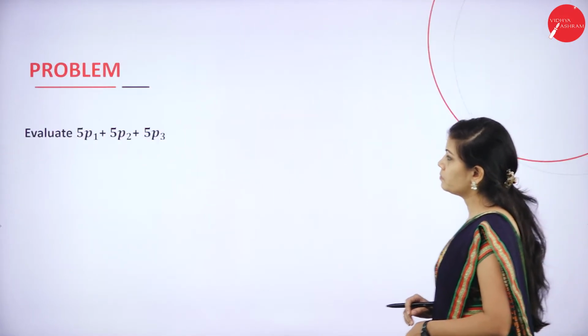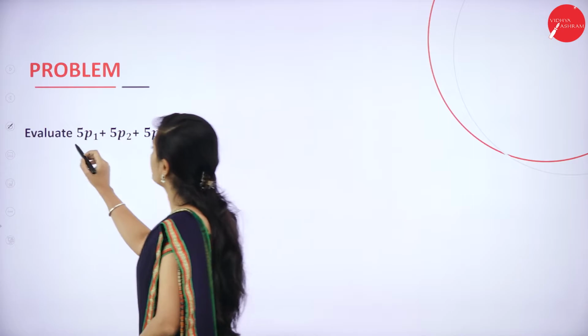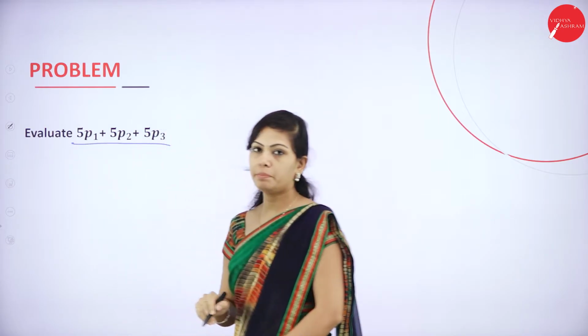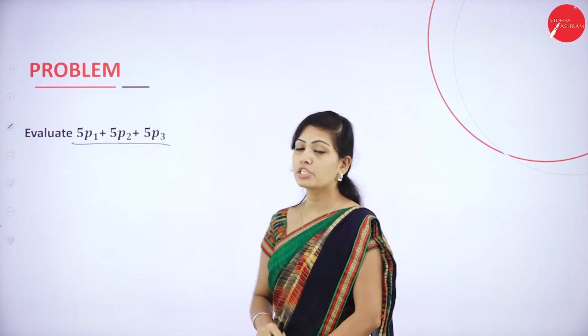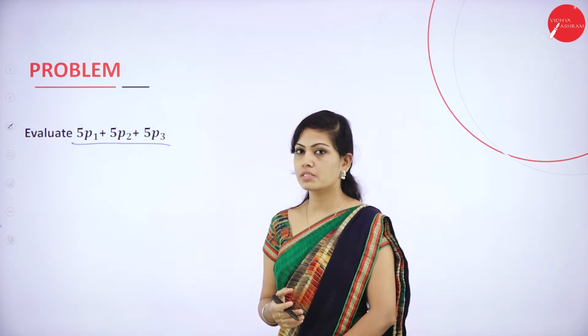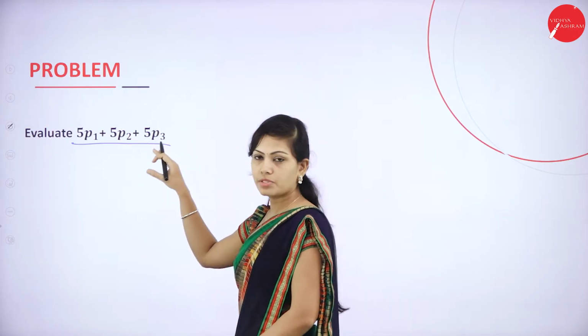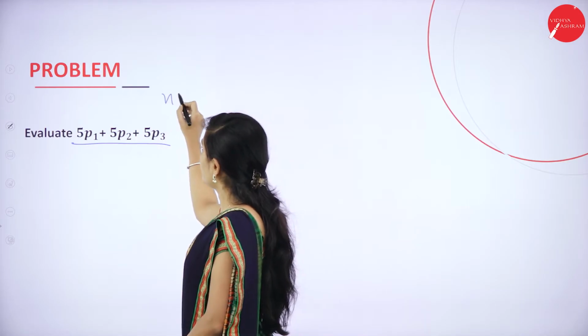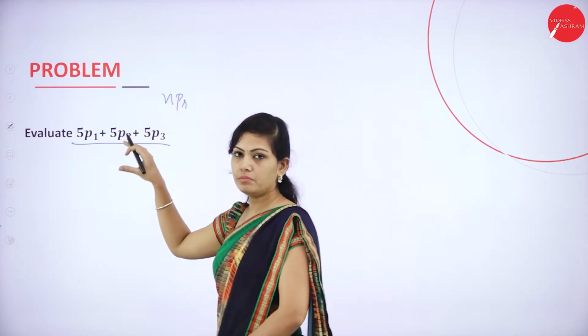And the next problem, evaluate 5P1 plus 5P2 plus 5P3. Sometimes you can expect this question for 5 marks or 4 marks. Clear? I have 3 terms. So you can apply the nPr formula for each and every term.